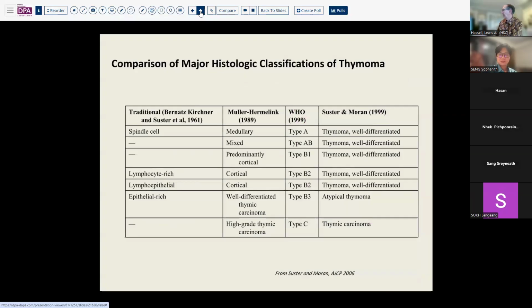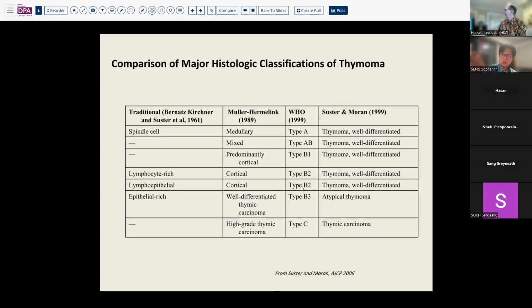And so here's the sort of contrasting of these classification systems, several of them dating back into the early, before the lifetime of most of you. You can see Saul Schuster and Cesar Moran are the ones who came up with well-differentiated thymoma and grouped all of these together, A, B, B1, B2, and so forth.